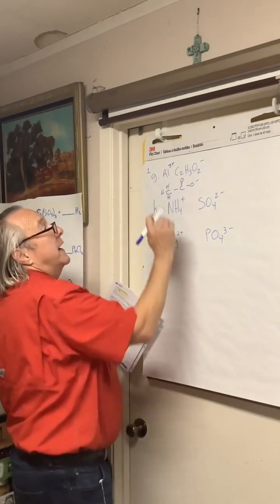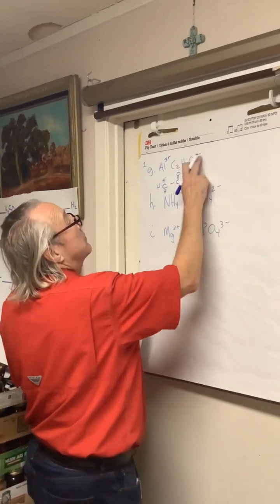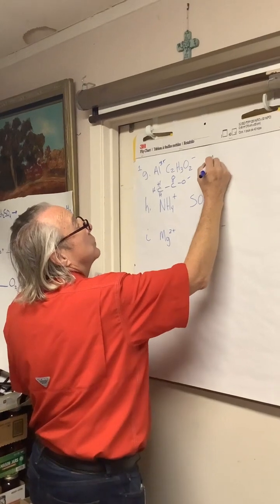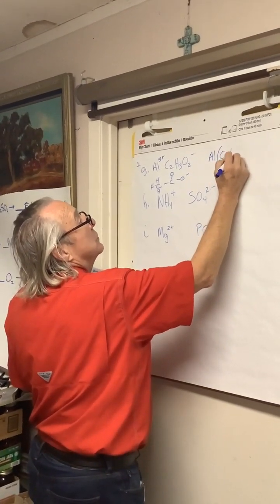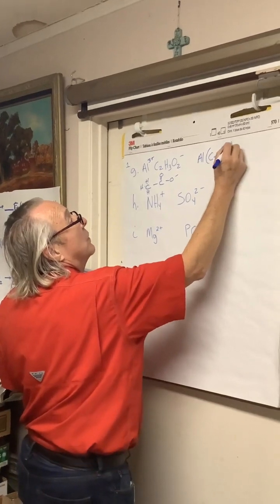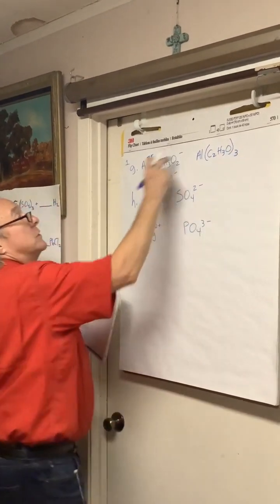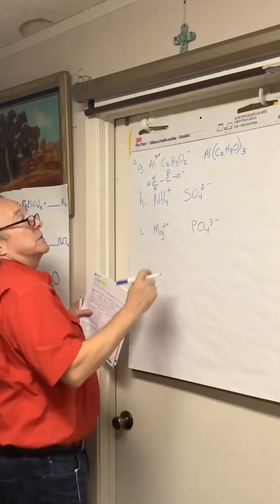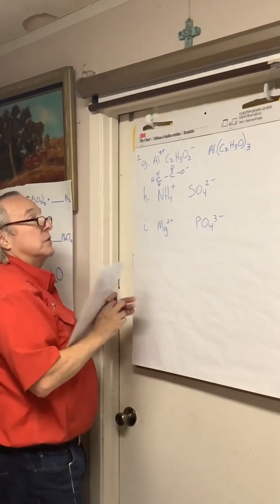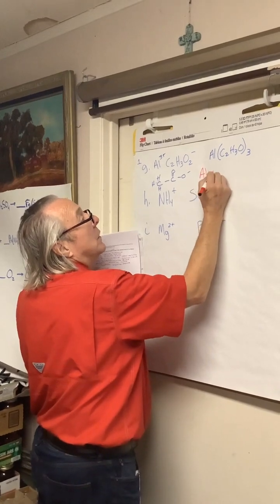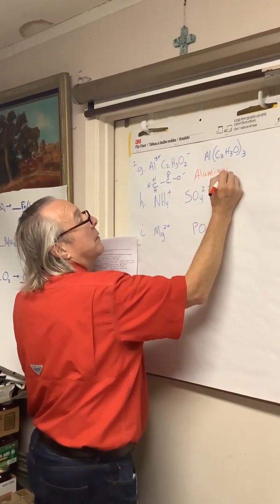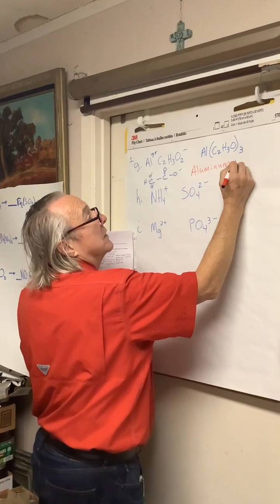So this is called acetate, and it has a -1 charge, so I would have aluminum, parenthetically, C2H3O2, 3 of those, because each one's a -1 and this is a +3. And I would name this simply aluminum acetate.